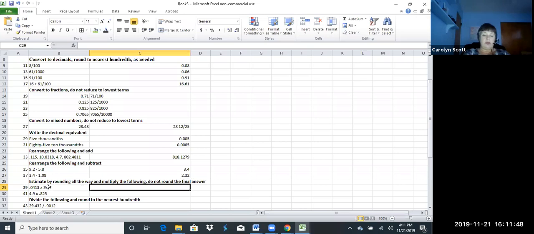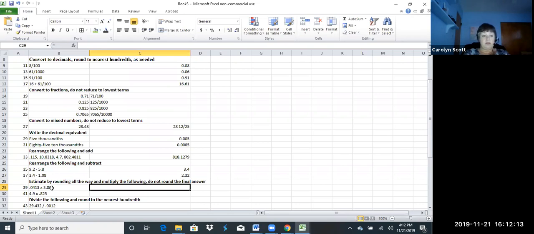So we know that 3 is smaller than 5, so it just gets dropped off. We know that 1 is smaller than 5, so it will also get dropped off. We know that 4 is smaller than 5, so basically 0.04 would be about 0.